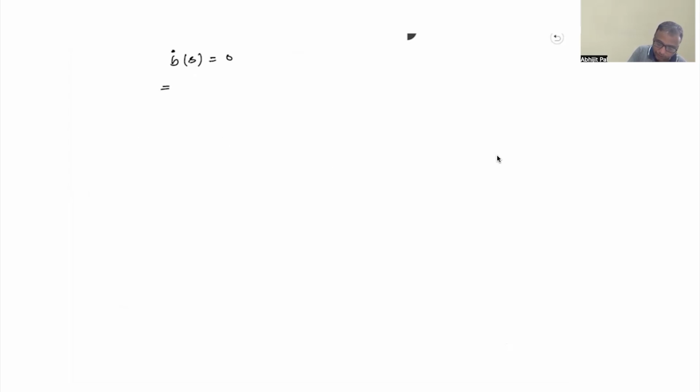So now, what is the relation between the derivative of this binormal vector and the normal vector? It is given by this equation: B dot(s) is equal to minus tau(s) times the unit normal vector. This we obtained in the last class.